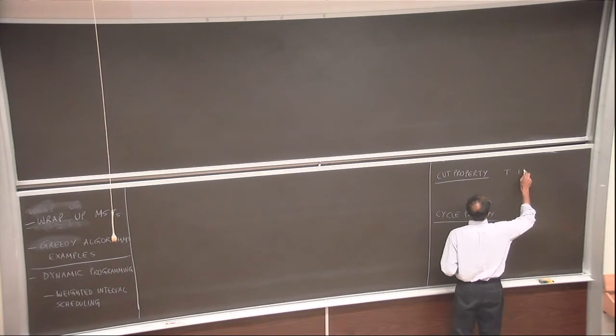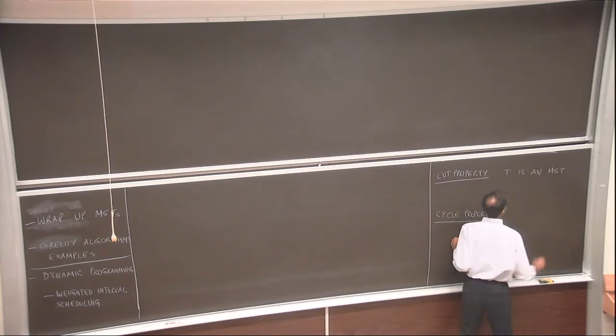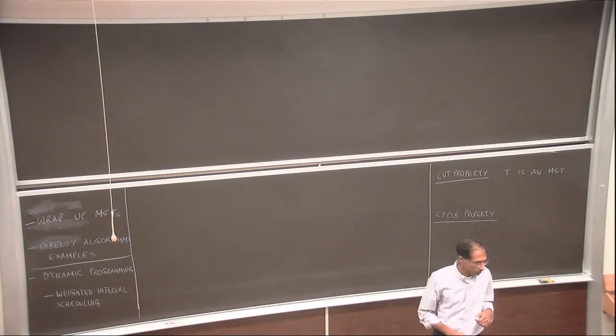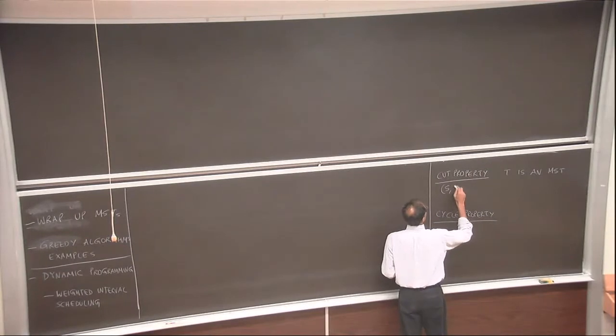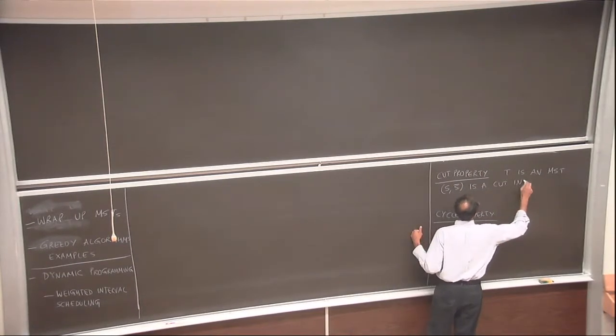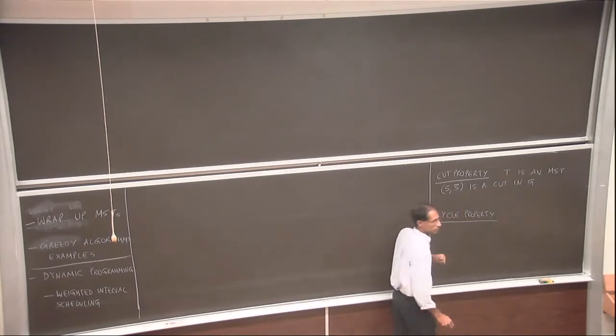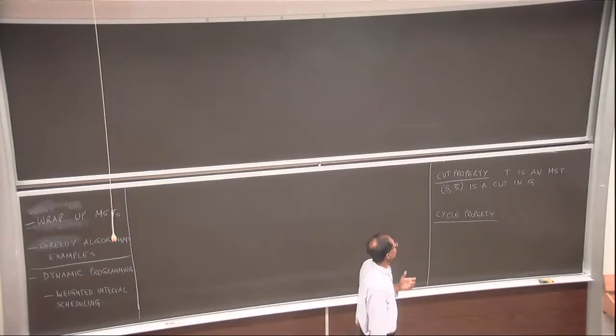The cut property: if T is an MST, and S, S complement is a cut of G, then T should contain a minimum weight edge crossing the cut.